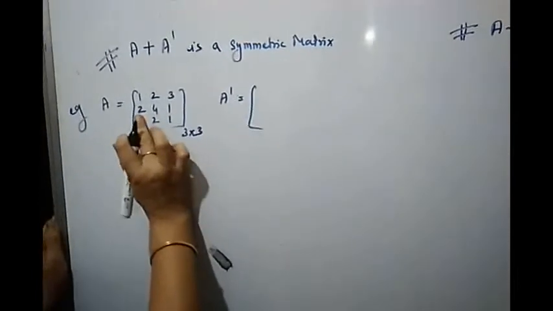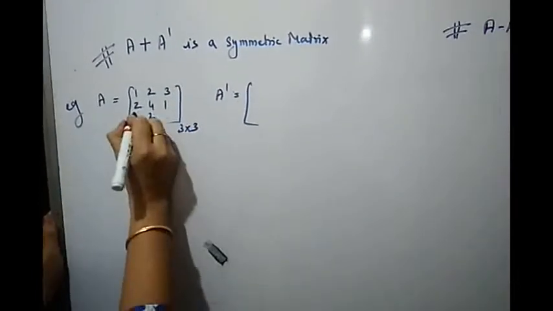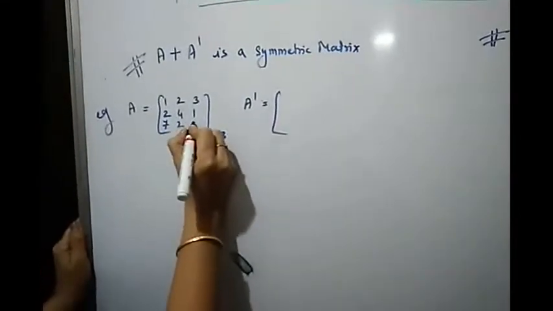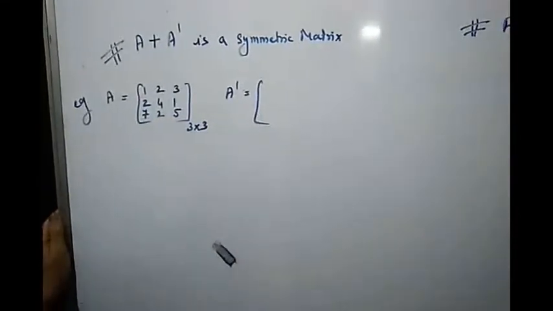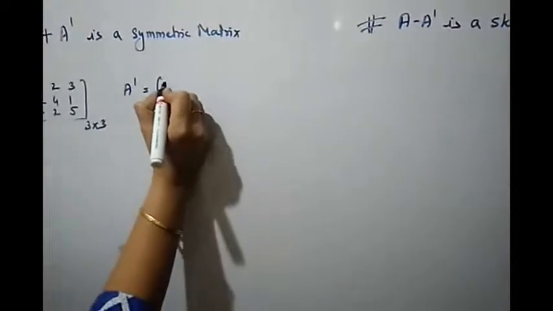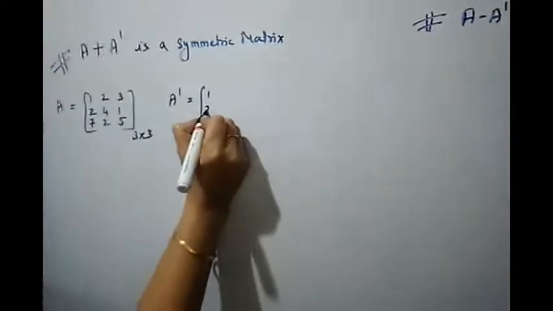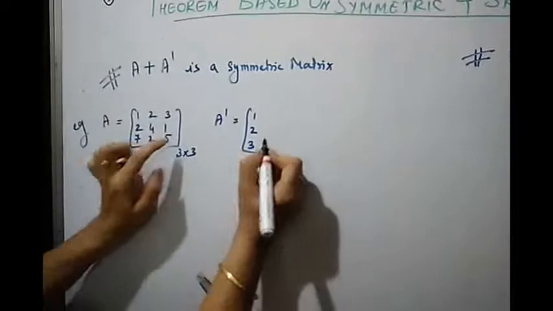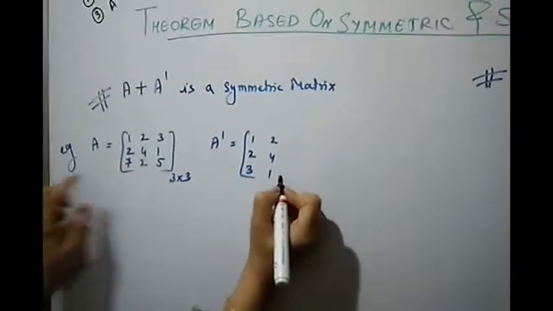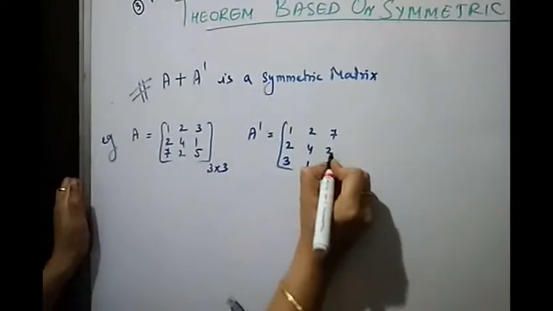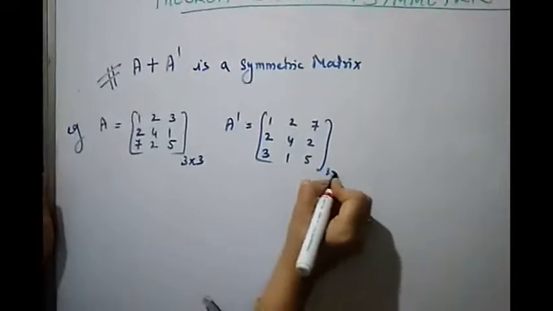Wait, I am changing here. Let it be 7 or let it be 5. So first row transpose will be first column: 2 4 1, 7 2 5, 3 by 3.